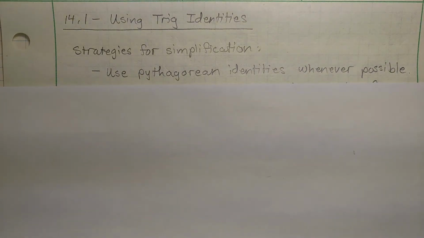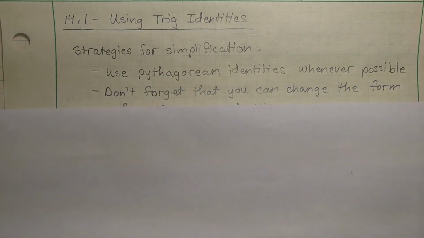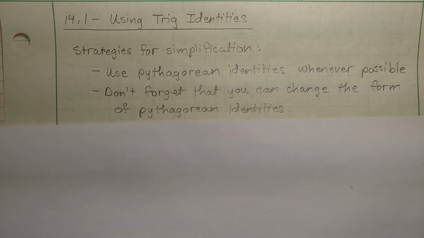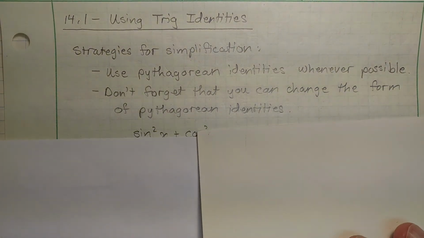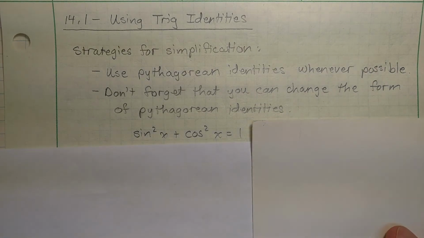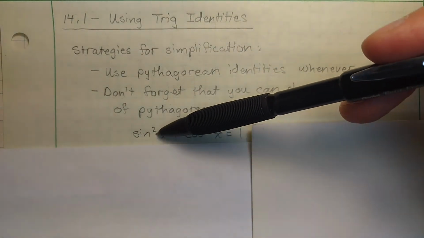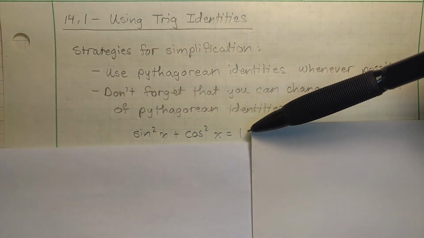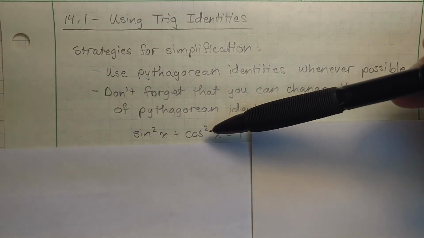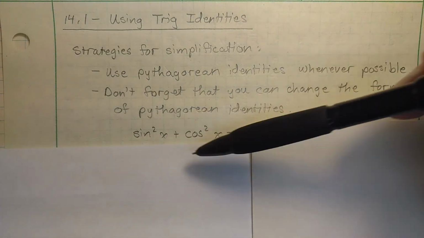Now, when using Pythagorean identities, don't forget that you can change the form of the Pythagorean identity. And what do I mean by that? Let's look at an example. Here's our most basic Pythagorean identity: sine squared plus cosine squared equals 1. While it is true that if you have sine squared plus cosine squared, you can replace it with 1, don't forget that you can also change the form of this.